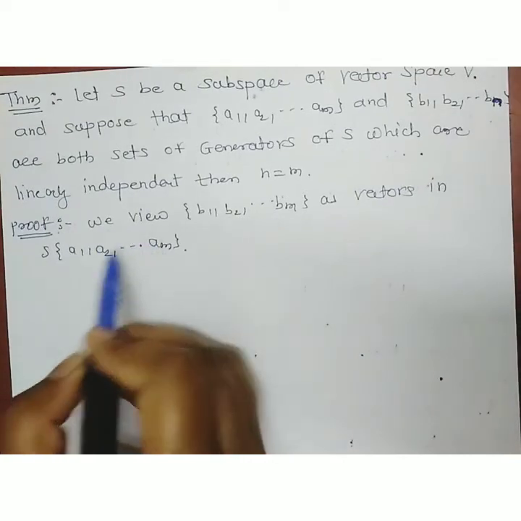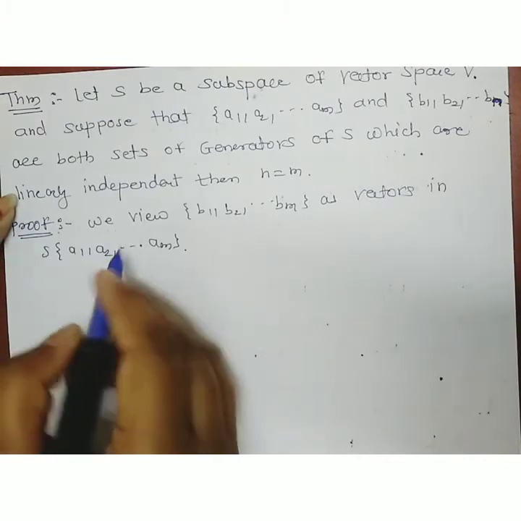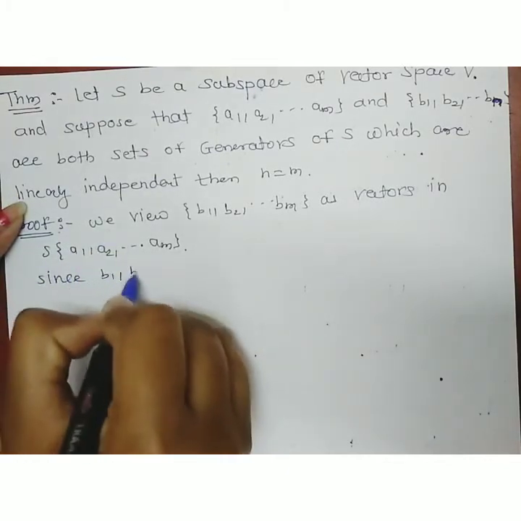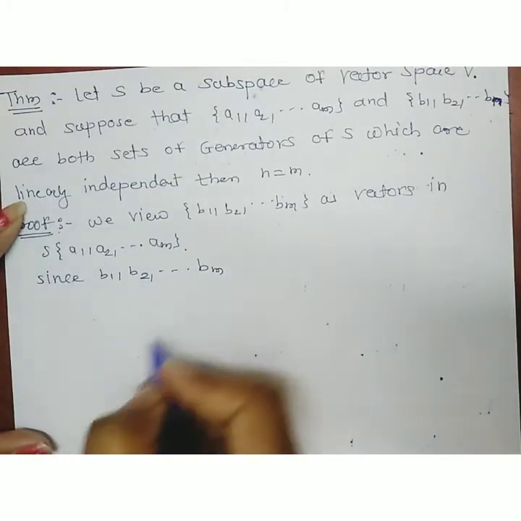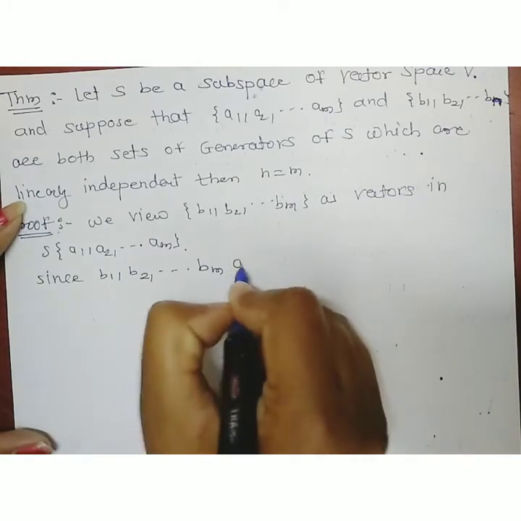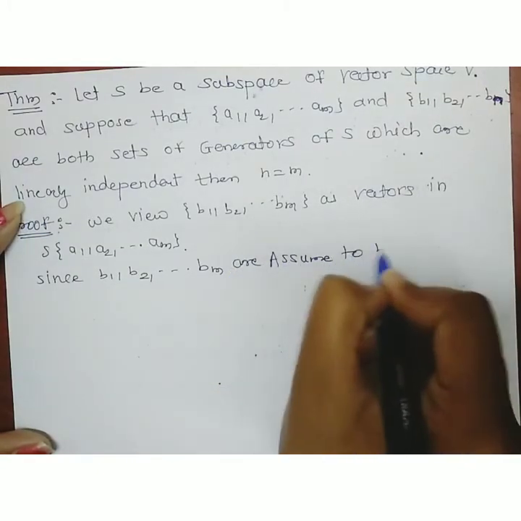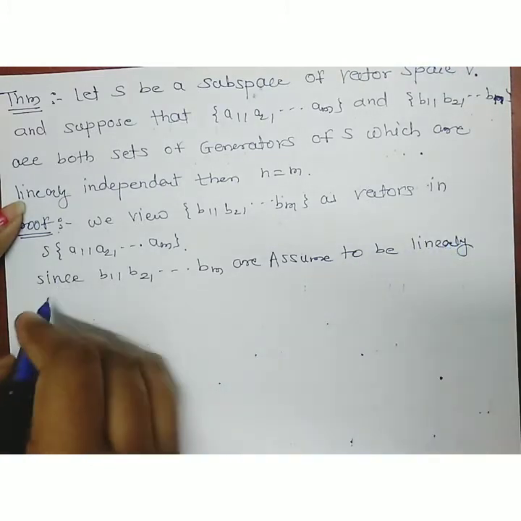Since this is a generator set of the set S. Okay, so since B1, B2 up to Bm are assumed to be linearly independent.